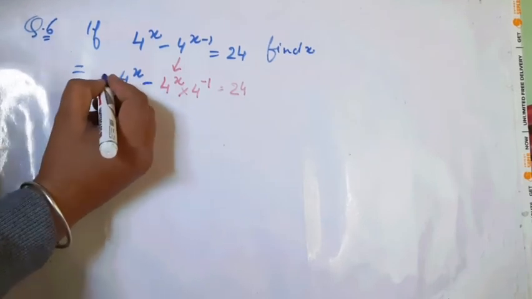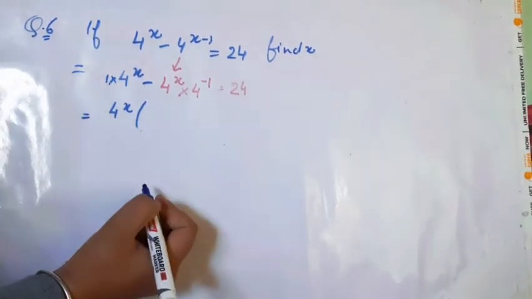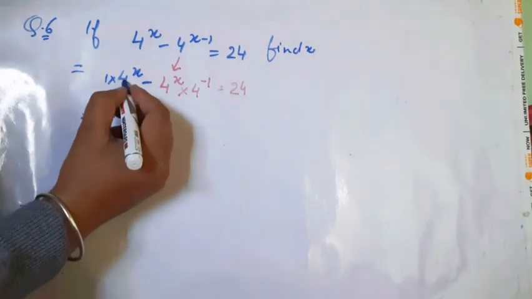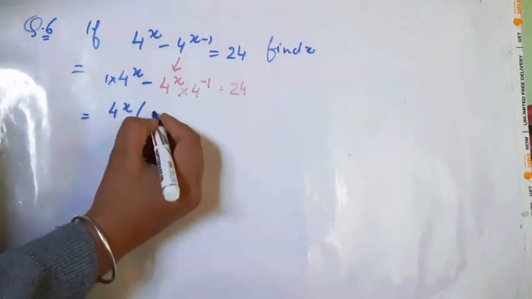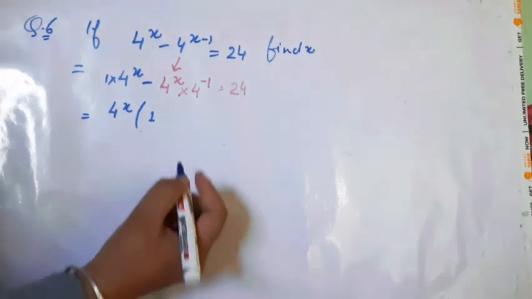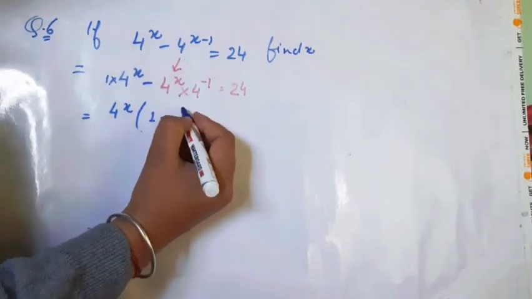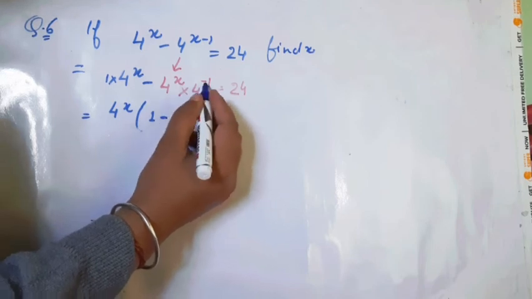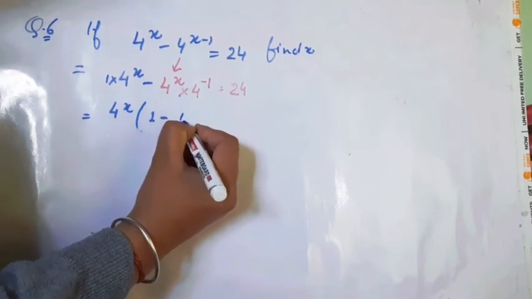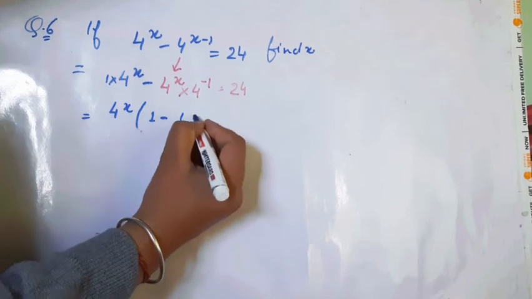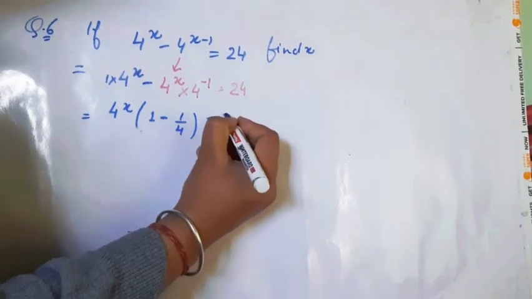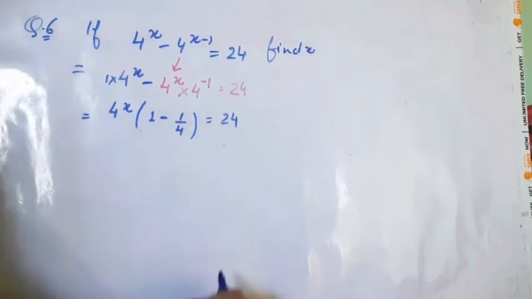Here nothing was in multiplication, can be written as 1 into 4 raised to power x. So 4 raised to power x is taken common, 1 is left inside. Then minus 4 raised to power minus 1 can be written as, the power is negative, take reciprocal, this will be equals to 1 upon 4 will be equals to 24.